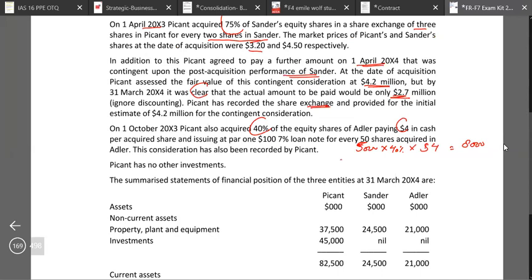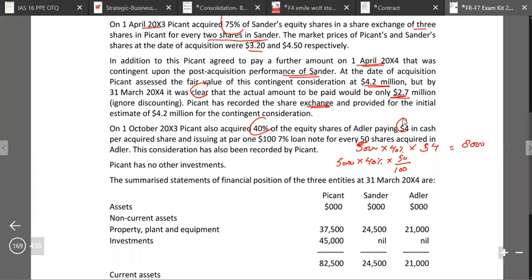So 5,000 shares are the total shares, 40% are acquired, and a $100 loan note is issued at par for every 50 shares acquired.